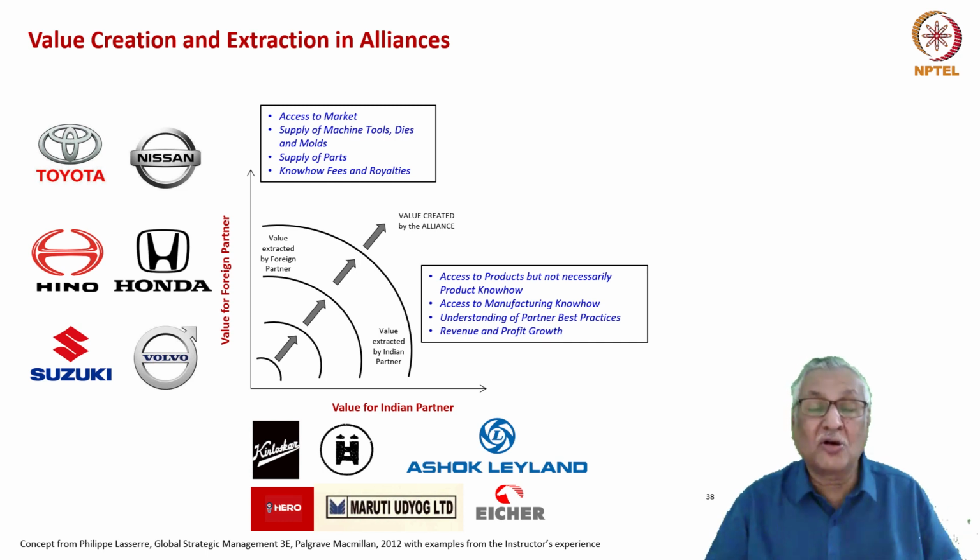You can find that all of these value components have been extracted by the Indian partners as well as the foreign partners, but overall, the alliances carved out a place for themselves in the Indian automobile industry and in the automobile market, and therefore they built better value for the companies than what each company would have built by itself.